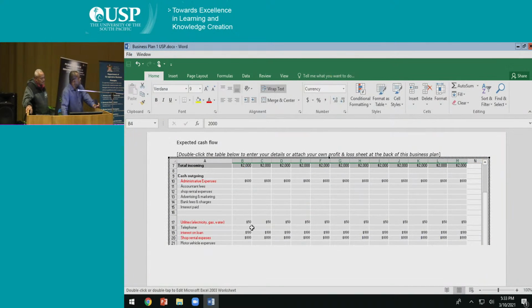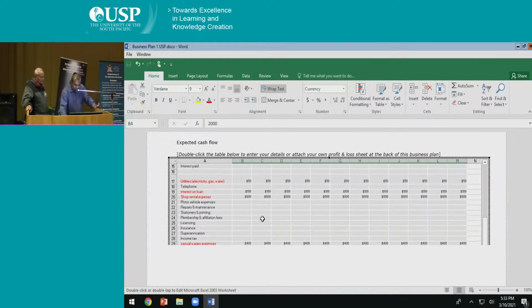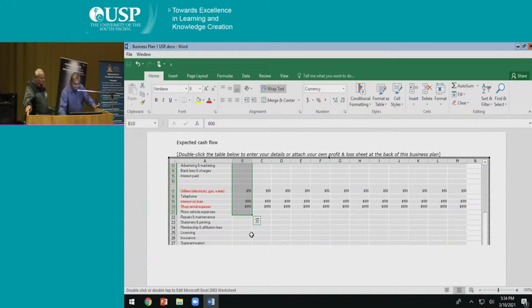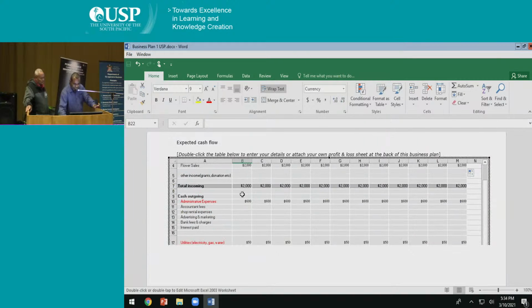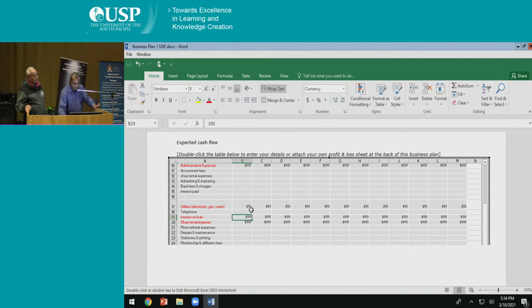And now we have the other expenses. Okay? Now we'll have to total this, the outgoing. Then I'll have to add this.